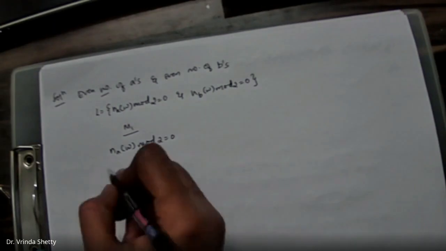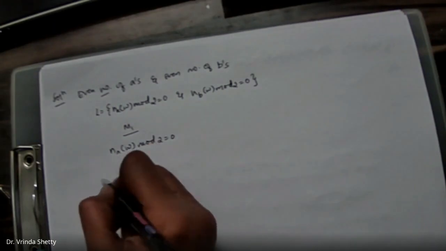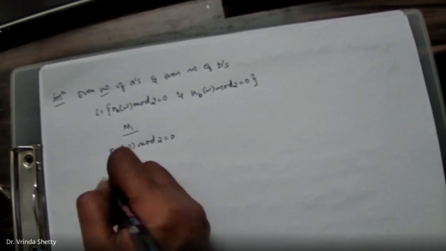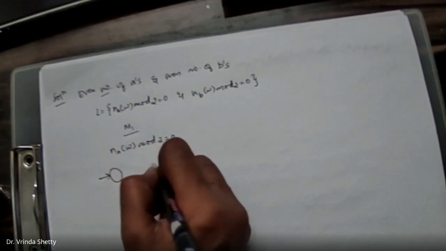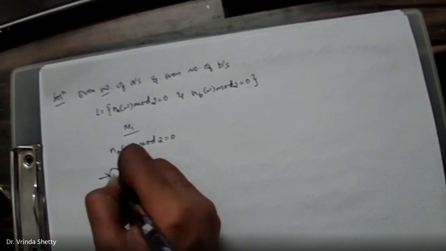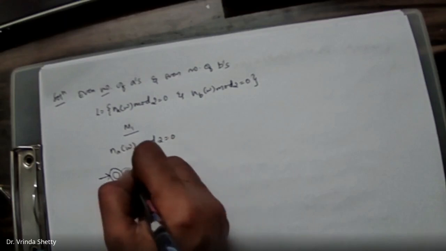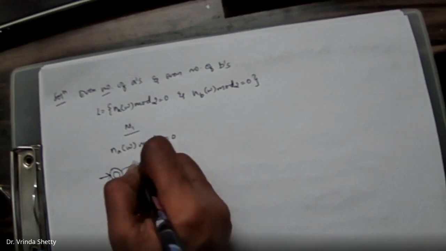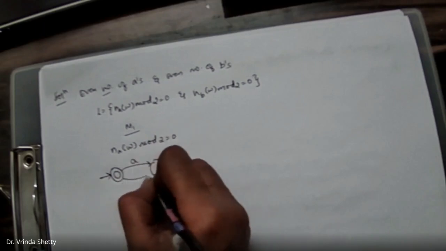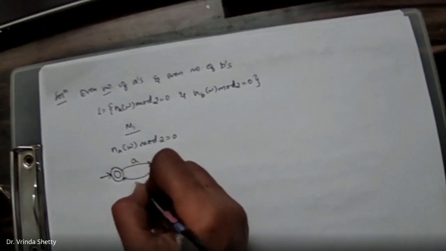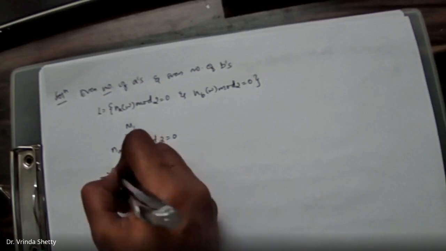So how do we construct this one? It should accept an even number of A's. So zero A's, accept; one A, reject the string, non-final state; again two A's, it becomes even, it accepts.